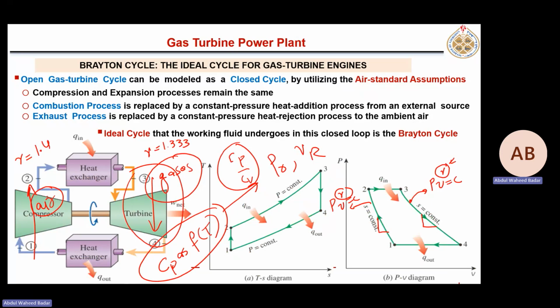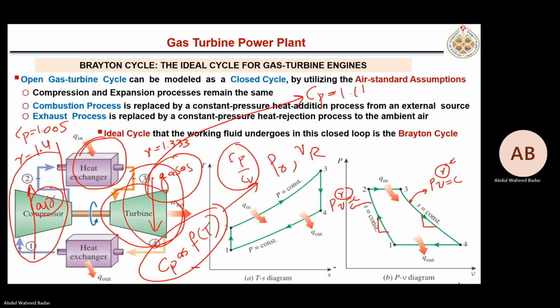What McConkey does, he uses one particular Cp for this process. Cp of air 1.005 for pure air, constant. And for this one, for the combustion and for the turbine, he uses another Cp, 1 point something, a different Cp for this mixture of gases, but constant.